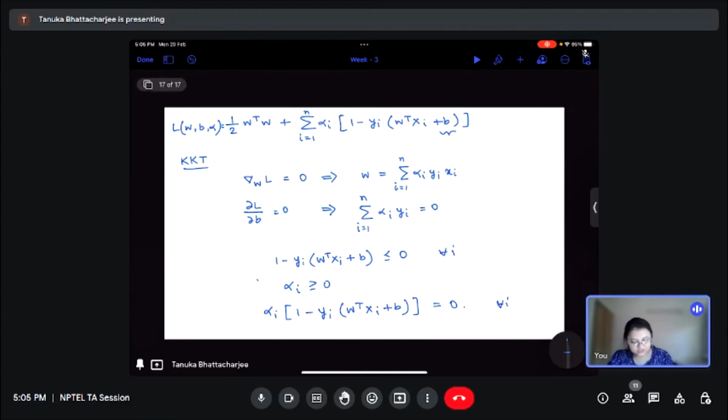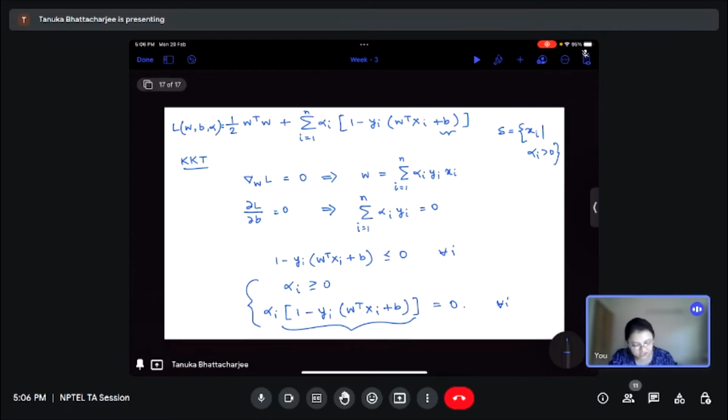Now if you consider these two, your alpha i's can be 0 or positive, negative values are not possible. So if you consider those particular points, let's say we form a set S where only those xi's belong for which alpha i is greater than 0. For them, if you look into this last condition, alpha i is positive or greater than 0, and the product of these two terms is 0.